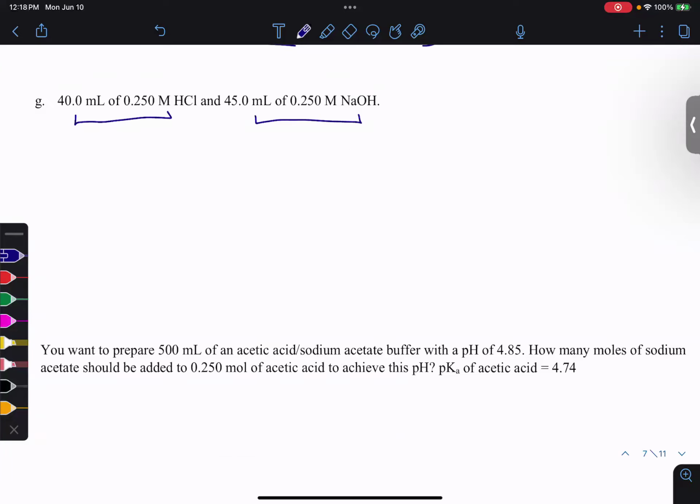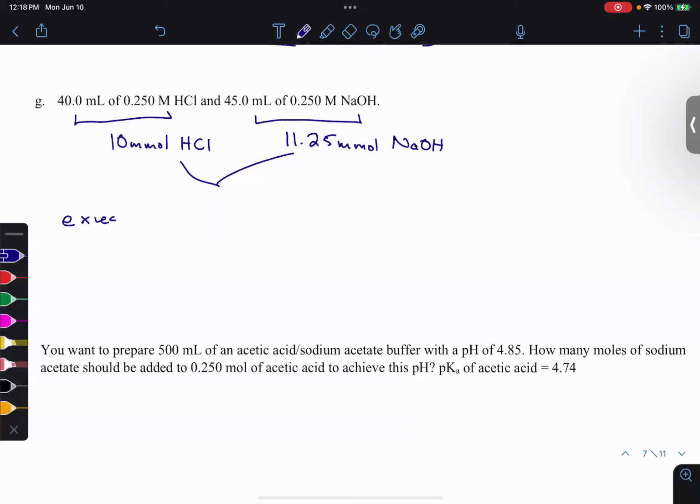So 40 times 0.25, there is 10 millimoles of HCl, 45 times 0.25, there is 11.25 millimoles of sodium hydroxide, right? So after these two things react, what is in excess?